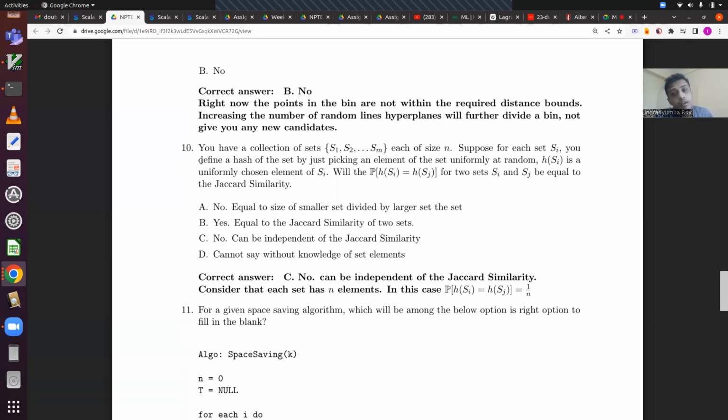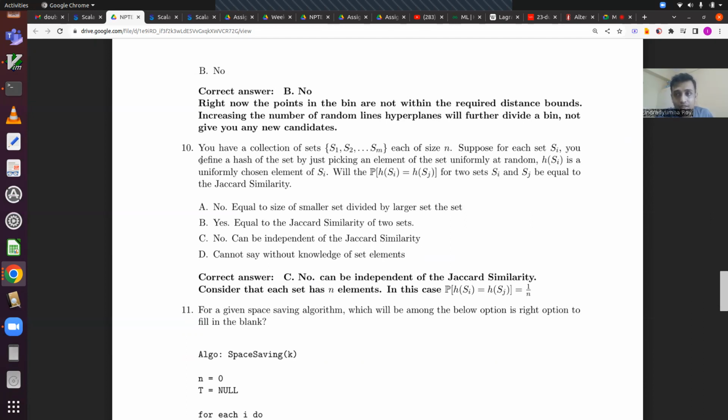Imagine you had initially 1 to n, and now you randomly shuffle all n items in the new set. What is the probability that at any location it will match? 1 by n. So it is not equal to the Jaccard similarity. That is why C is the correct answer: Jaccard similarity does not influence the outcome in any way.